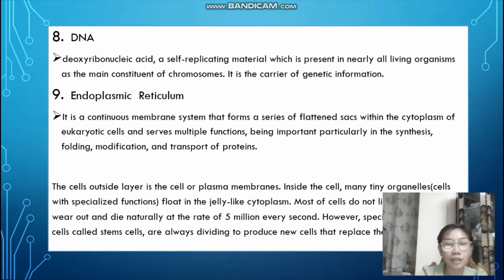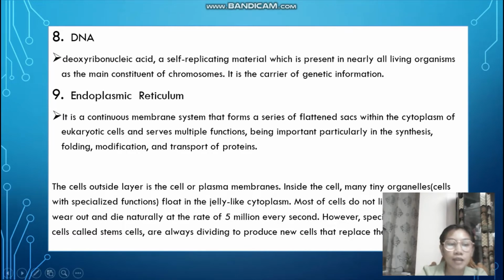Next is DNA, whose full name is deoxyribonucleic acid, a self-replicating material present in nearly all living organisms as the main constituent of chromosomes, and it is the carrier of genetic information.